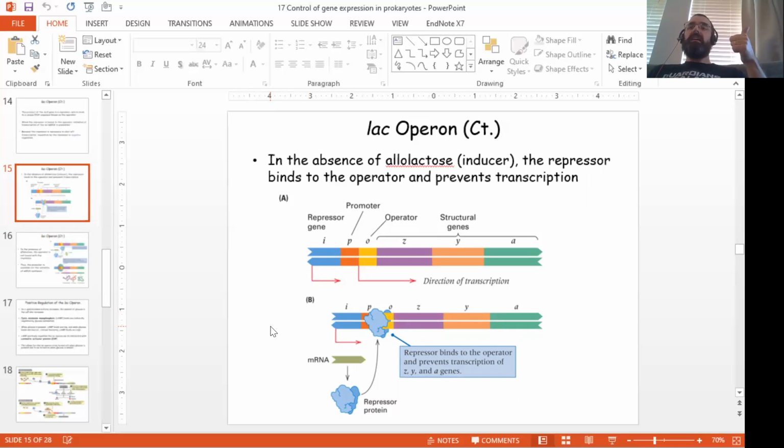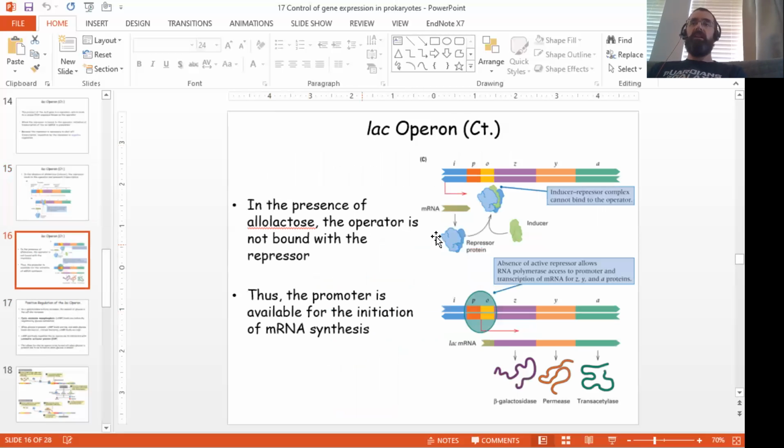So cyclic AMP is going to increase expression from the lac operon as long as lactose is present, right? Doesn't matter if glucose levels are low; if lactose is not present, you're still not going to get expression. So lactose is the main control, or inducer, of expression from the lac operon. Cyclic AMP is the fine control.